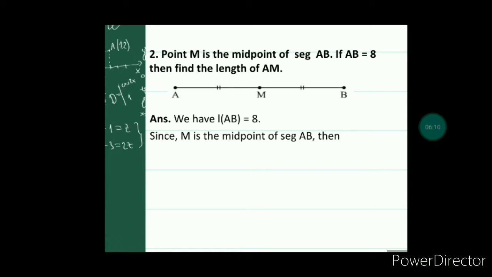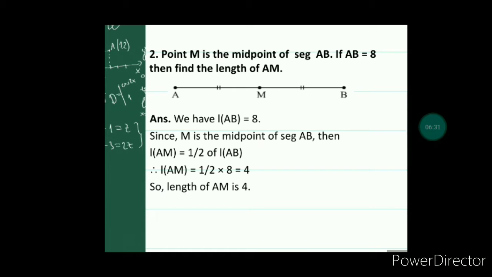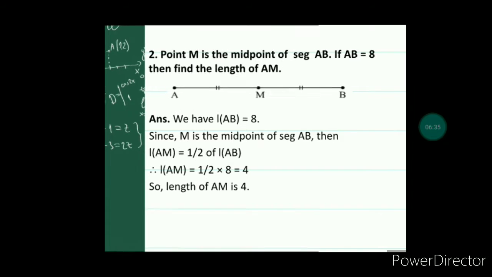Since M is the midpoint of seg AB, length of AM equals 1 by 2 of length of AB. Therefore, length of AM equals 1 by 2 into 8. 8 divided by 2 is equal to 4. So, length of AM is 4.